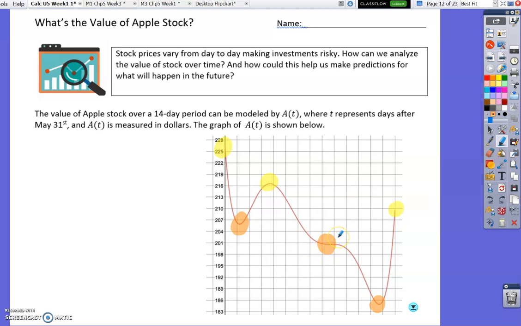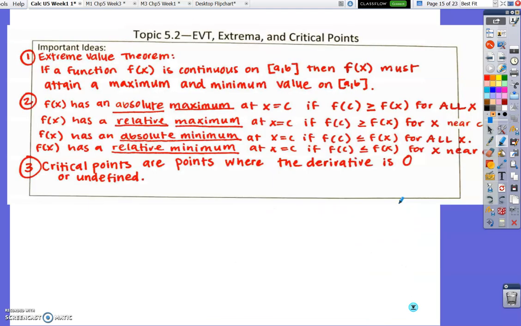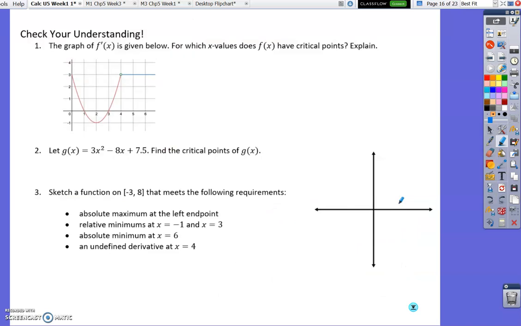It seems to have a slope of 0, but it's not turning around, and that's kind of tricky, but it's still a critical point. So we actually have 4 critical points in this graph. These two, the endpoints, since the derivative is undefined at the endpoints, those are also critical points. Okay? So check your graph for which values we have critical points.